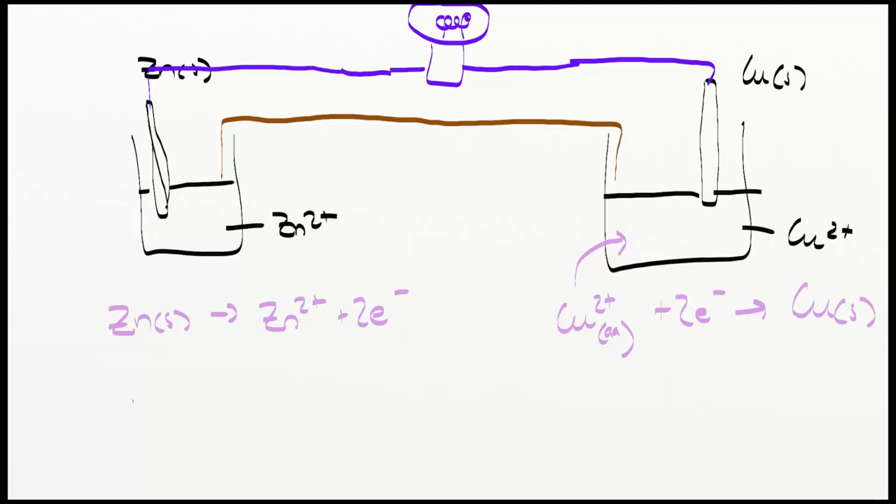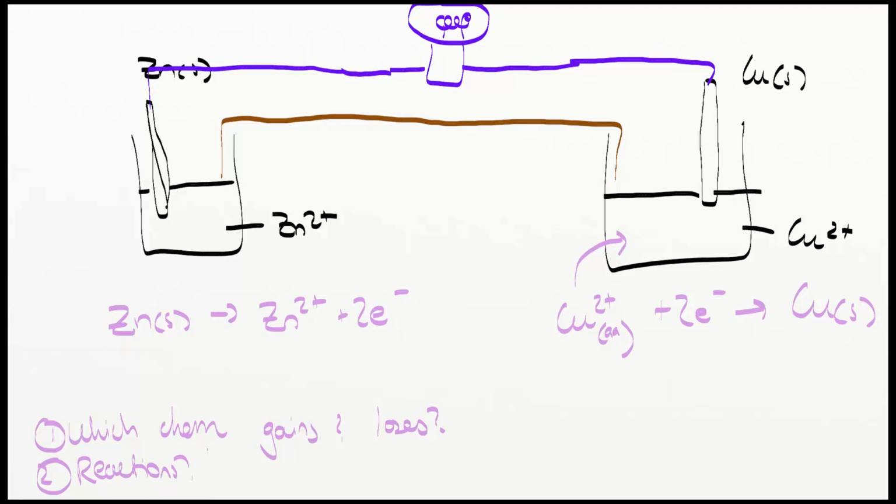So when we look at these two reactions, the first question is, which chemical gains electrons and which chemical loses electrons? We'll look at how to do this in a moment. The second question then becomes, what are the reactions? We've answered that question by looking at these two reactions here.